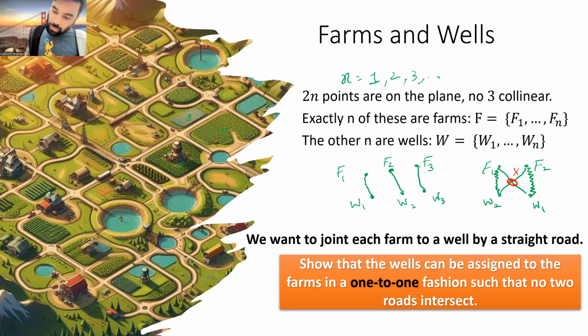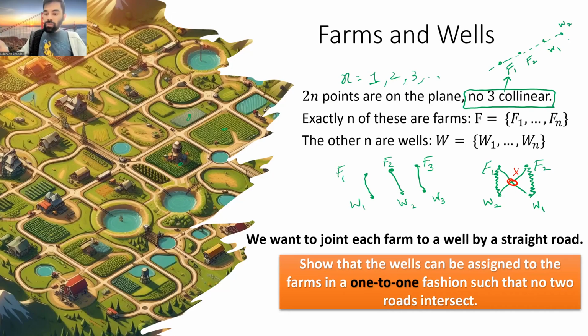There is one important fact in the problem which I did not mention, that no 3 points should be collinear. Because if 3 points were collinear, then there is no chance to do anything. Suppose these 3 points are all on a line, and you call this F1 and this F2, and let's say this is W1, and there is W2 also.